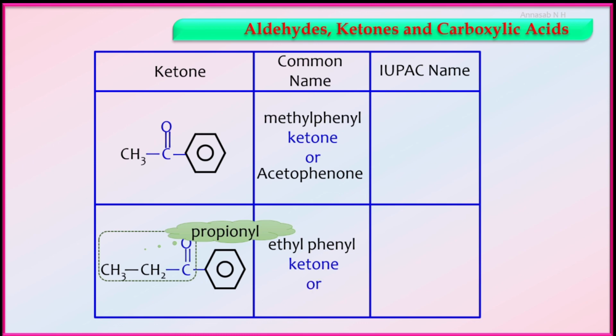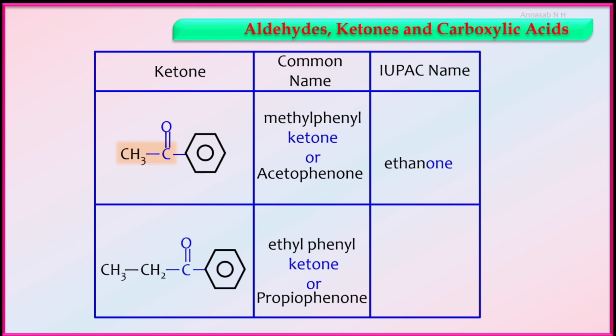Therefore, another common name for the same compound is propiophenone. Coming to the IUPAC system of naming, 2 carbon atoms, ethane, the ending E is replaced by ONE, ethanone, and there is also a phenyl group. So it is phenyl ethanone.